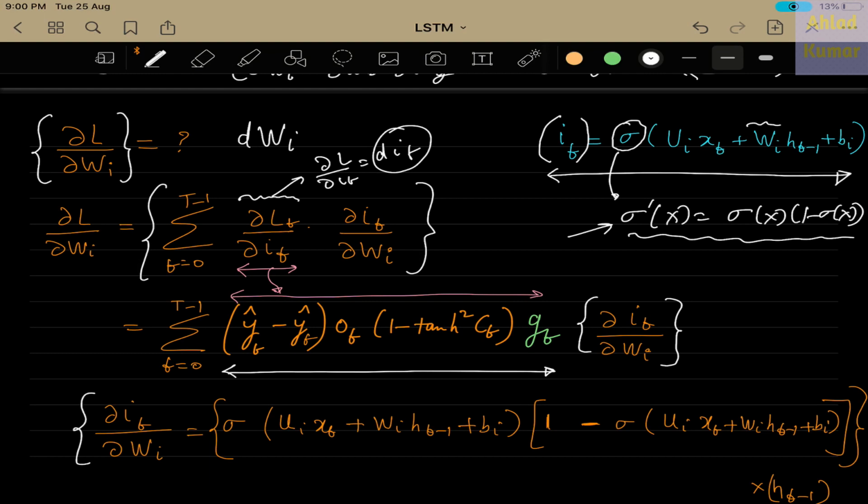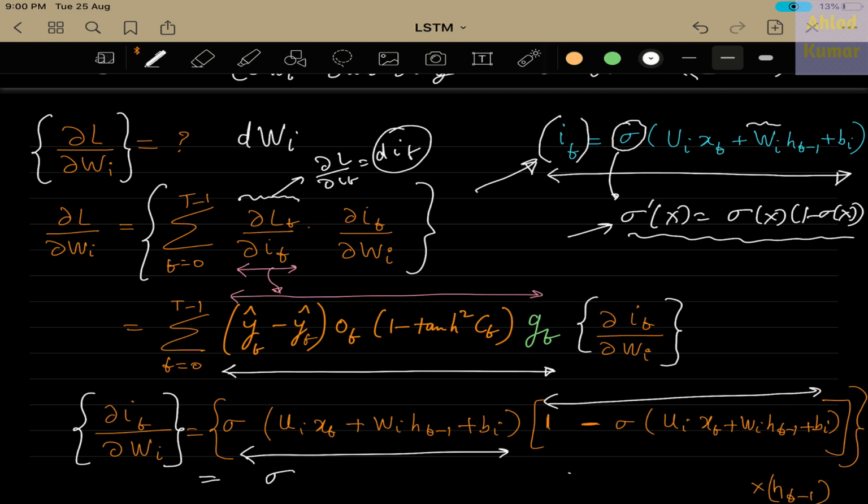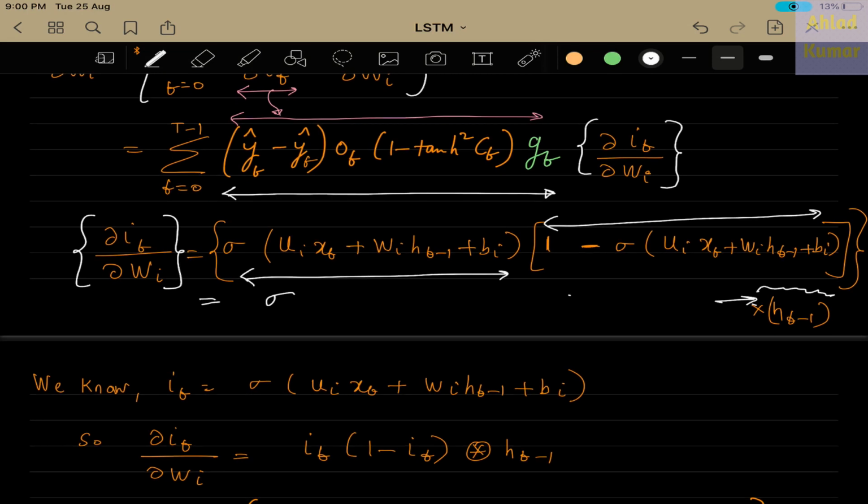For this particular equation, i_t is equal to sigma times 1 minus sigma times this expression times h_{t-1}, because you are taking the derivative with respect to Wi, so this will come out, that is h_{t-1}, that's why it's here.